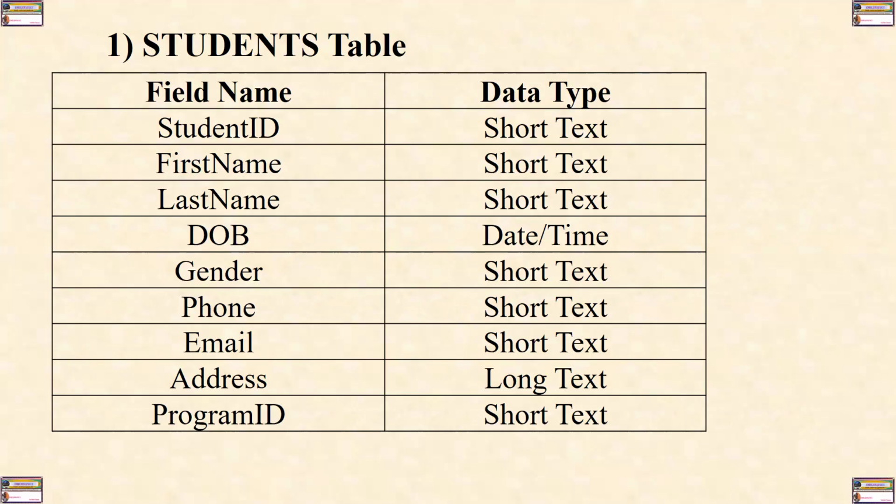For Student ID, we are going to choose what we call short text data type. For the first name, it will be short text. Last name is short text. Date of birth is date/time. Gender is short text. Phone is short text. The email field will be short text. Address will be long text. And lastly, we shall have the program ID, which will also be short text.